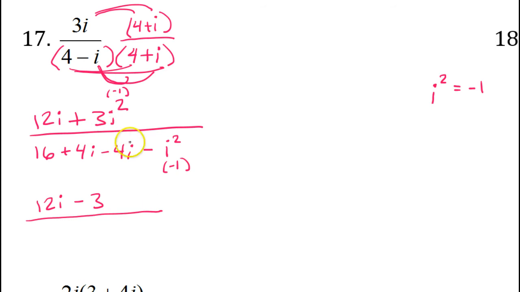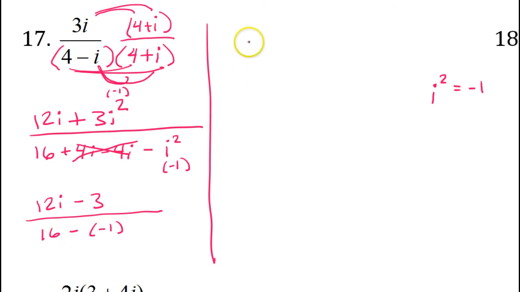In the denominator, these cancel out. So what I really have is 16 minus negative 1. 16 minus negative 1 is the same thing as 16 plus 1. So what I will have now in the denominator is 17.